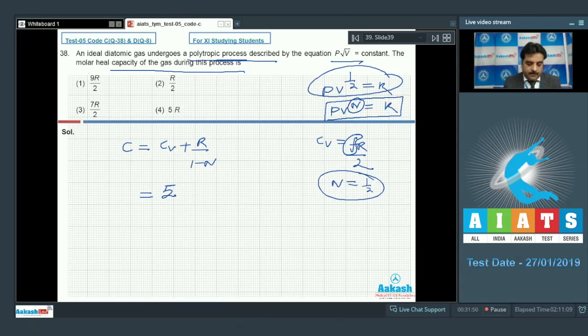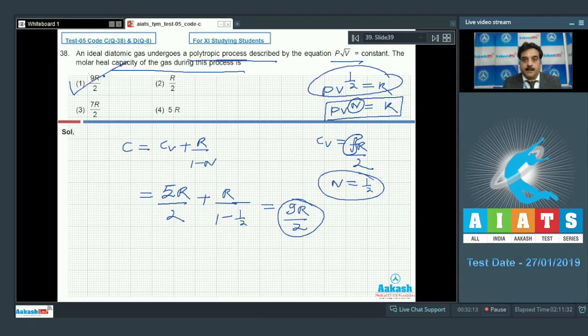So I will write 5R by 2 in place of Cv, plus R upon 1 minus 1 by 2, because n is 1 by 2. When you calculate, you get 9R by 2. So this is our final answer. So I can say option number 1 will be the right choice.